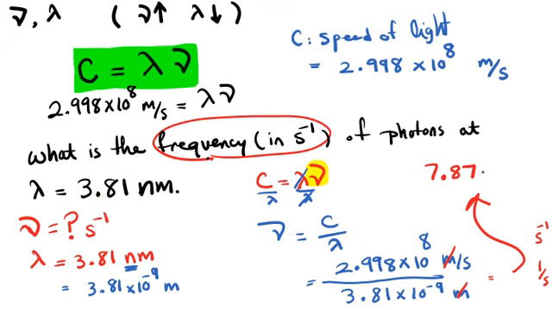So 7.87 times 10 to positive 16 per second. So this is the calculation I did for you guys. Please remember, for all of the calculations, we need to apply the sig figs based on the original number that we have.